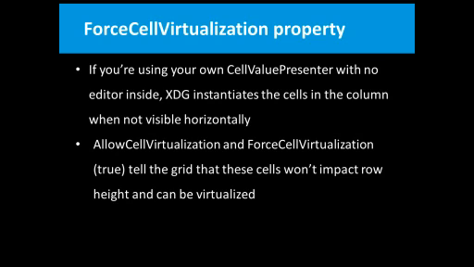So when there is no editor inside, the XamDataGrid instantiates the cells in this column because it doesn't really know what to expect in terms of sizing. It doesn't really know whether the template you have will not cause the row to expand. And this is why, imagine you have a grid with 5 columns visible and 5 columns off screen.